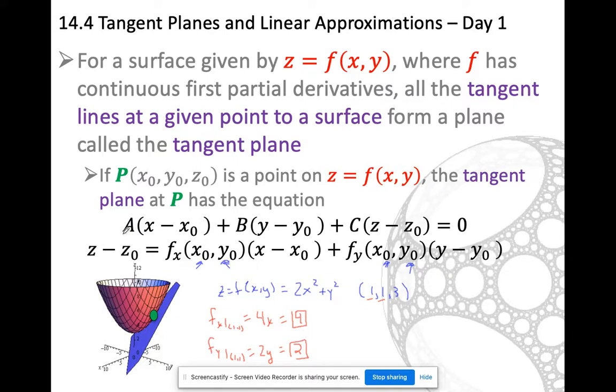So fill in this equation, right? Z minus the z coordinate of the point of tangency, which is 3. If I got that in standard form, it would look like this.